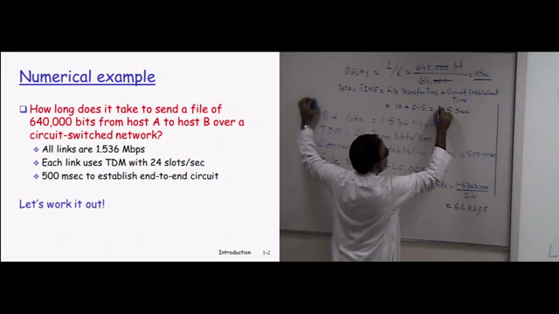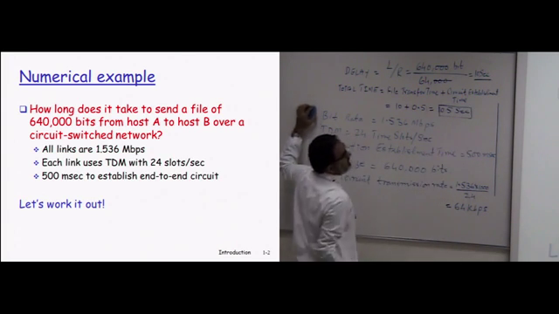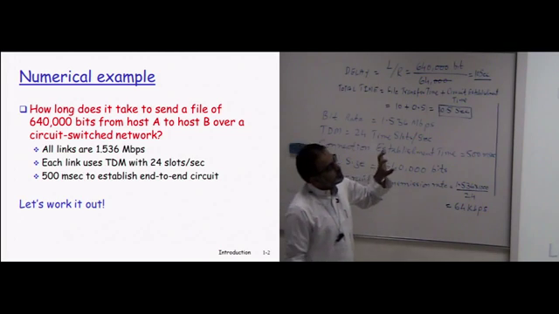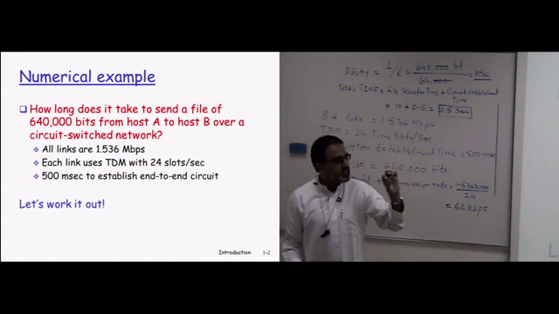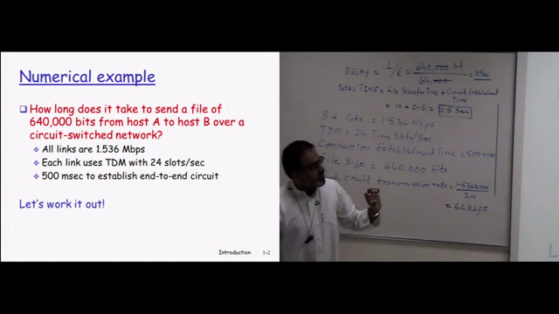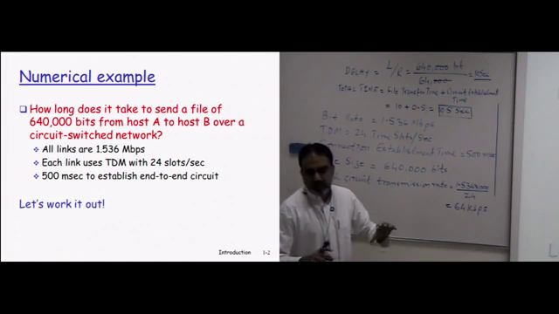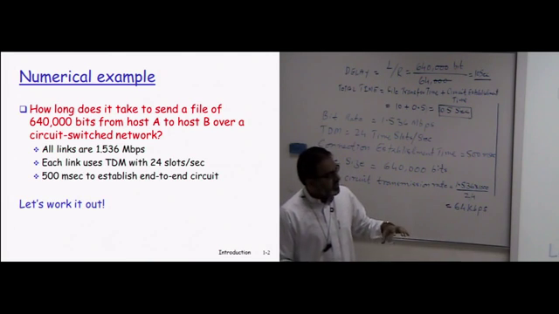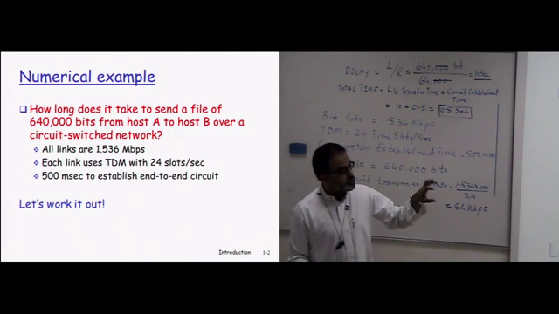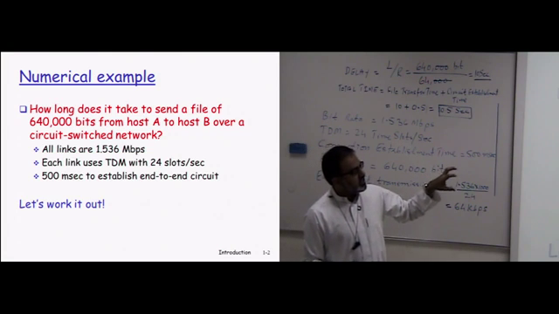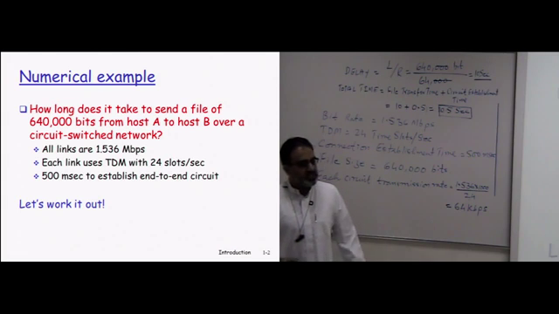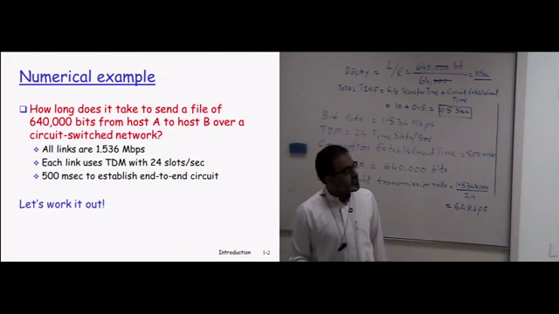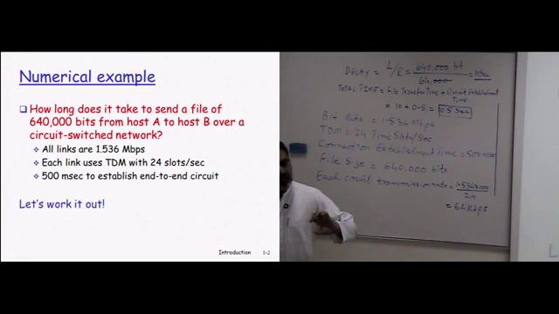So this is the answer. It will take 10.5 seconds to transmit a file from host A to host B over a circuit switched network in which we are using the TDM technique with 24 time slots per second, and the link has a data rate of 1.536 megabits per second, and it needs 500 milliseconds to establish an end-to-end circuit between host A and host B.